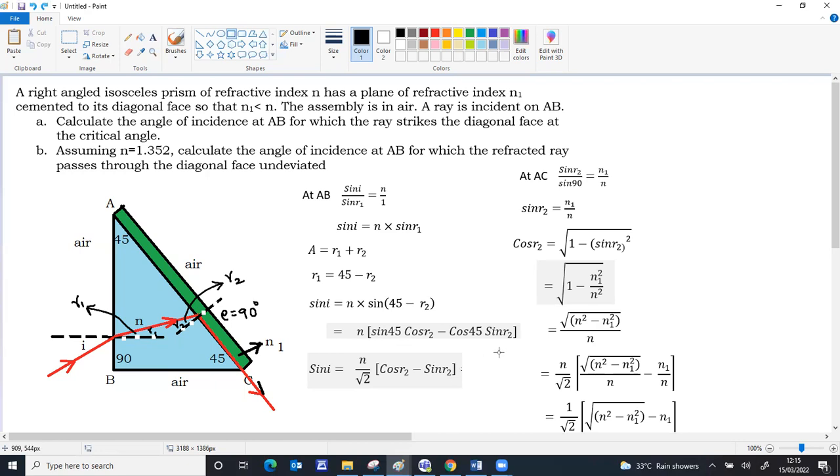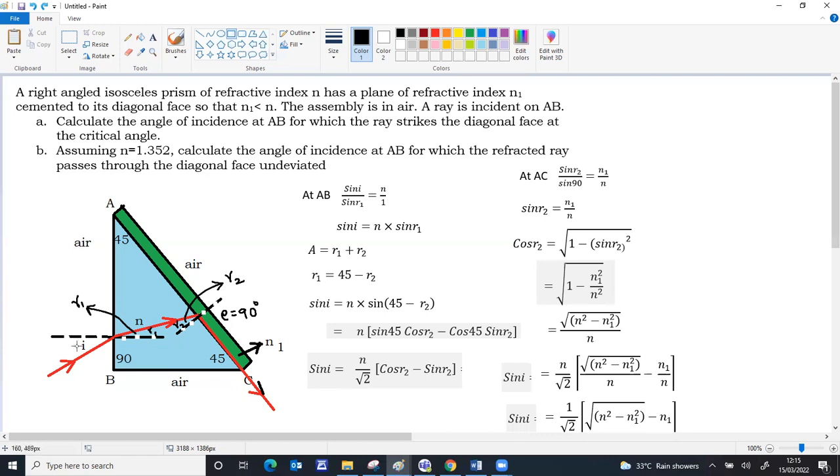So that's sin I, and I will be sine inverse of that. So that's the first part of the question. The angle of incidence will be sine inverse of 1 by root 2 into (root of n square minus n1 square minus n1). In the second part of the question, they have given the value of n as 1.352.